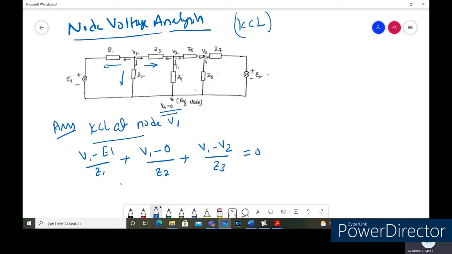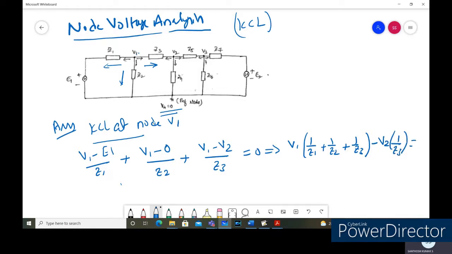Since for this node none of the other nodes are connected, we make that term 0 here. So let us simplify this one. Let us take the V1 term separate and the V2 term separate. So V1 is multiplied by 1 by Z1 plus 1 by Z2 plus 1 by Z3, and V2 is with the negative sign, 1 by Z3.